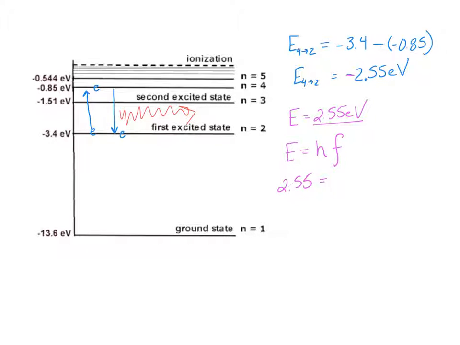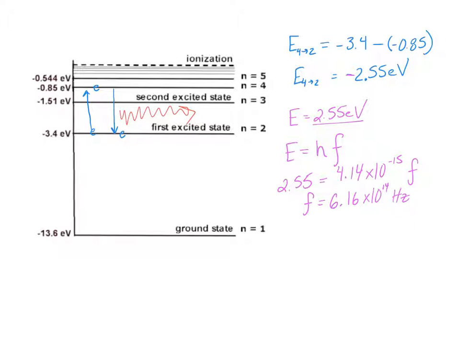So when we put in Planck's constant, we're going to want to use the Planck's constant that applies to electron volts. So 4.14 times 10 to the negative 15 times the frequency, and then we divide, and that gets us 6.16 times 10 to the 14th hertz.